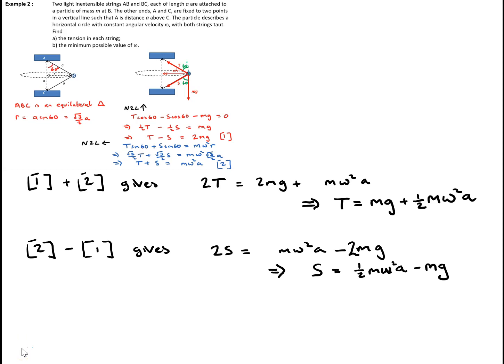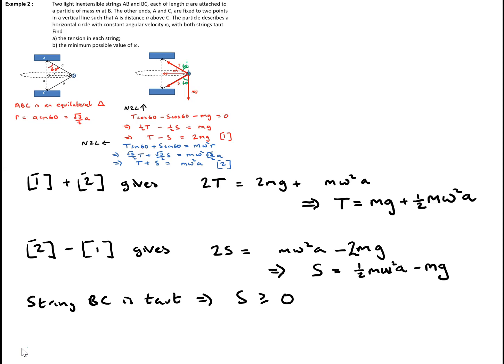Now the tension in the top string is definitely positive. However, the expression a half m omega squared a minus mg can be negative, and we can't possibly have a negative tension in the bottom string. So what we need to say is that S must be greater than or equal to 0, because the string BC is taut.